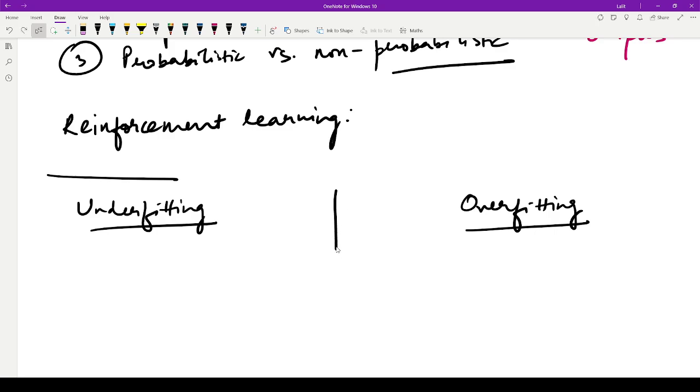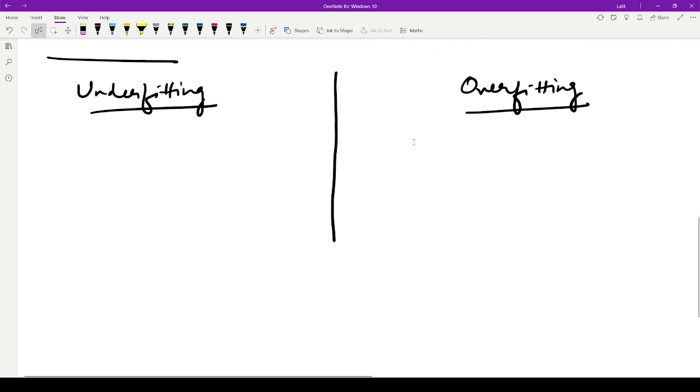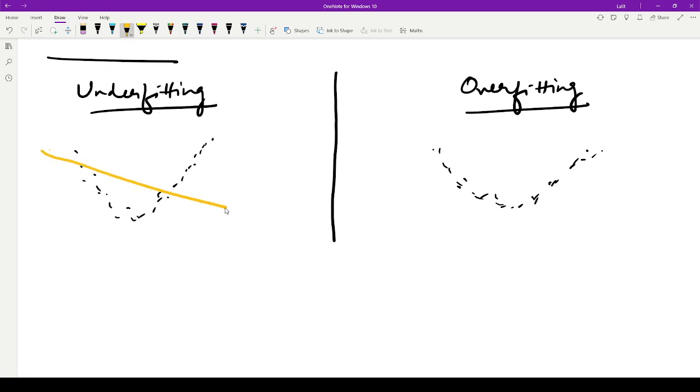That is good enough. So for underfitting, what happens is, if you have a set of data points like this, probably this looks like a parabola to me. If you took a linear model, then it might fit like this, because a linear model means there is only a line that you can fit on this 2D data.